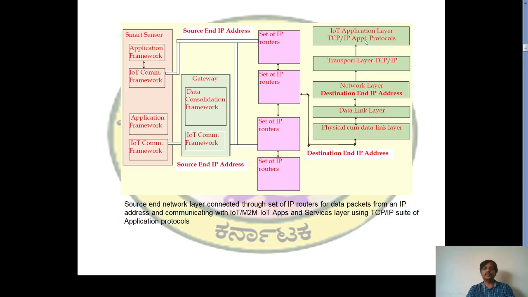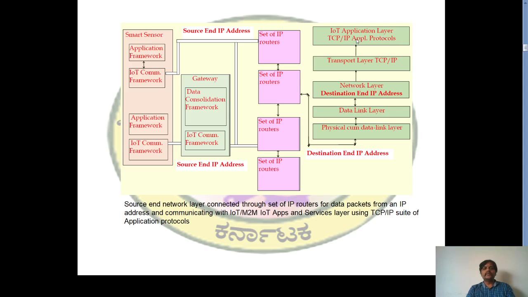This is the TCP/IP protocol, and the data will move from the data link layer to the network layer, where it checks the destination IP address, and again the data will move to the upper layer, that is the transport layer, and to the application layer, the IoT application layer of TCP/IP application protocols.